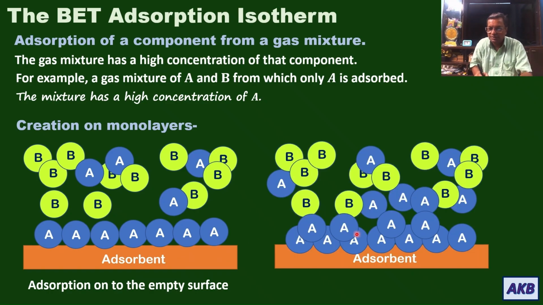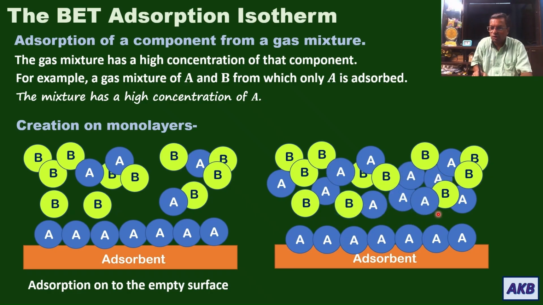The other way is, let us say that you have a situation where there is a bilayer of A molecules on the surface of the adsorbent. Now, how will a monolayer be formed out of this? This will be formed when the bilayer gets desorbed from the surface of the adsorbent.